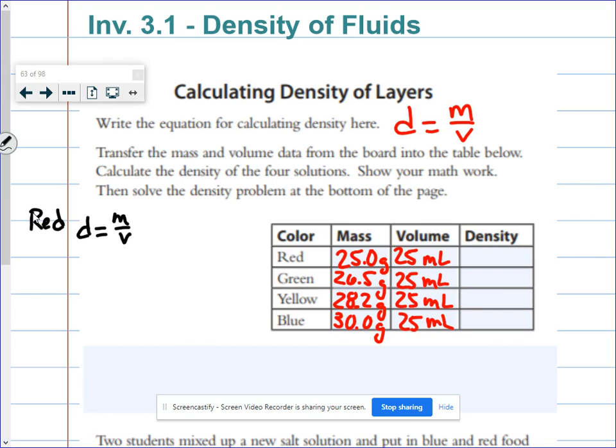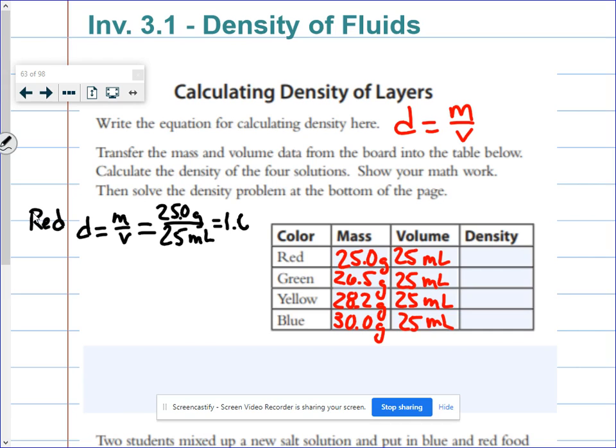All right, now it's just simply plugging in my numbers. Okay, so my red was 25.0 grams. So 25.0, and I'm dividing that by my volume, which is 25, and then I always want to include my units, so that's milliliters. All right. Now, when I do 25.0 divided by 25 on my calculator, I actually get 1.